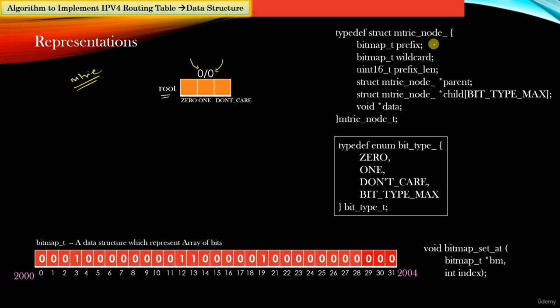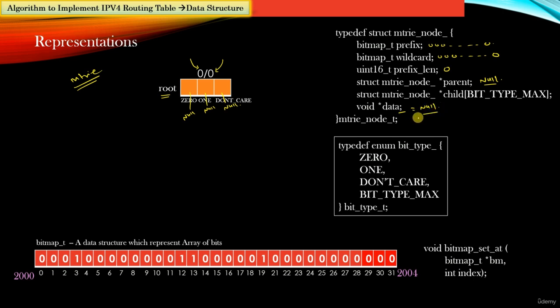It means that this bitmap will contain all zeros and the wildcard also contains all zeros. The prefix len will be 0. The pointer to the parent will be null. To begin with, when the tree is entirely empty, all the child nodes point to null. And the data part is also null. So this is what the root node is.